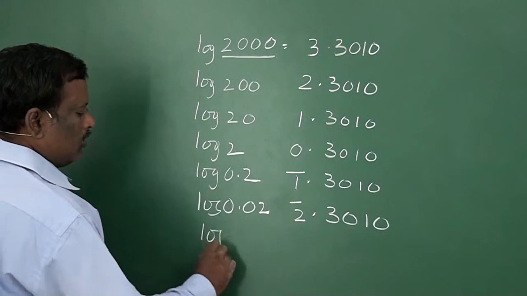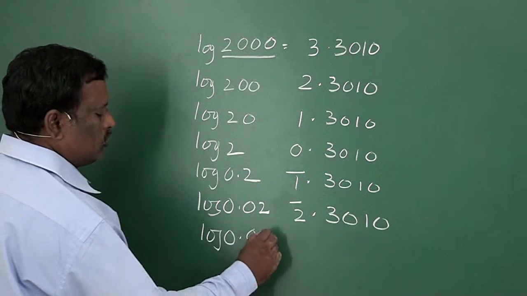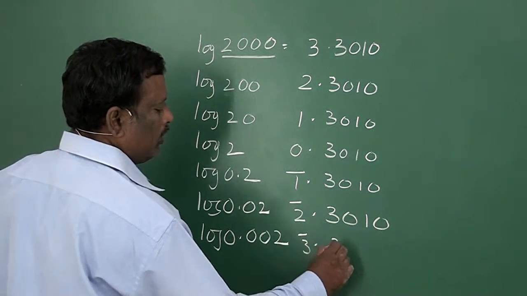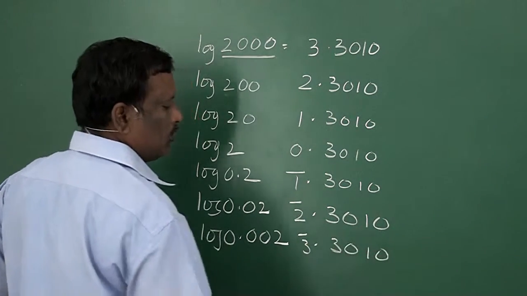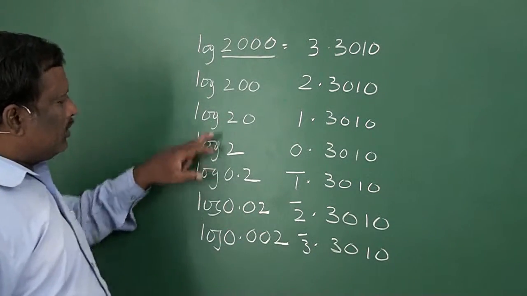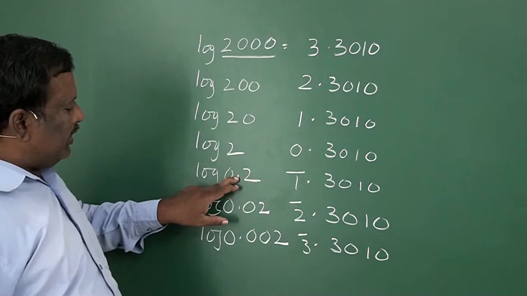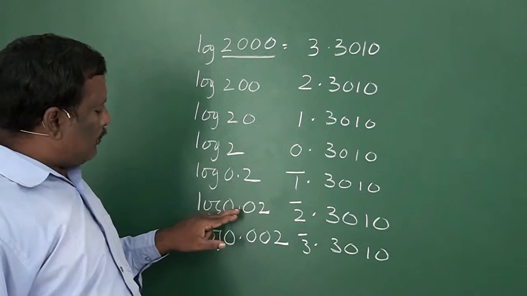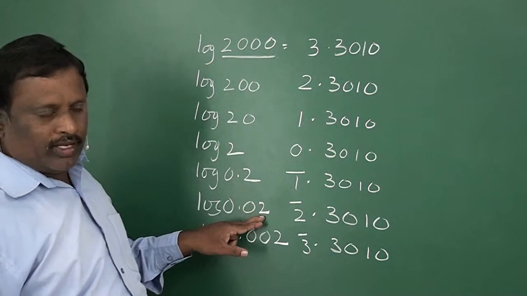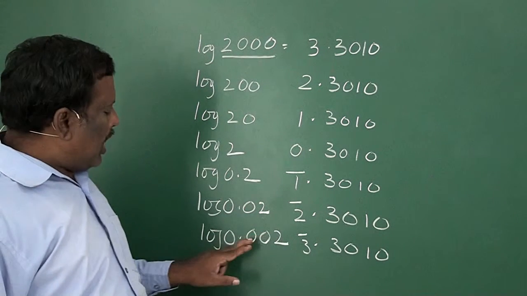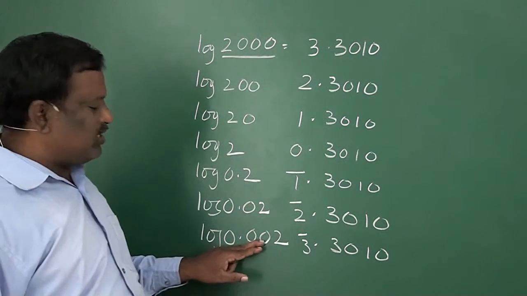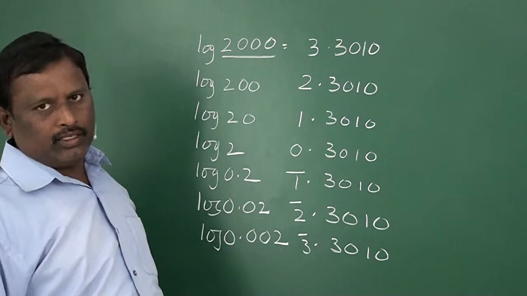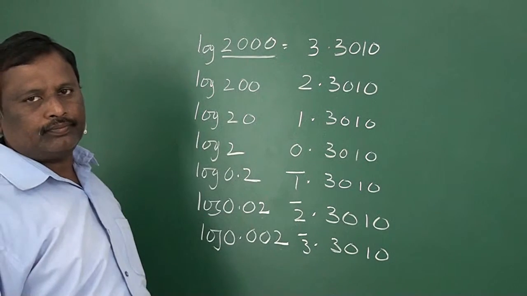If it is log 0.002, it will become bar 3.3010. So you should write like this. If after the point there is immediately a numerical, bar 1. After 0, then a numerical, bar 2. After a decimal, 2 zeros and then a numerical, then it will become bar 3. You should write like that.